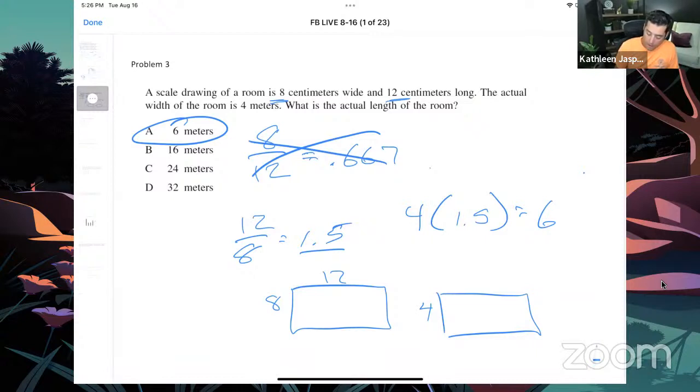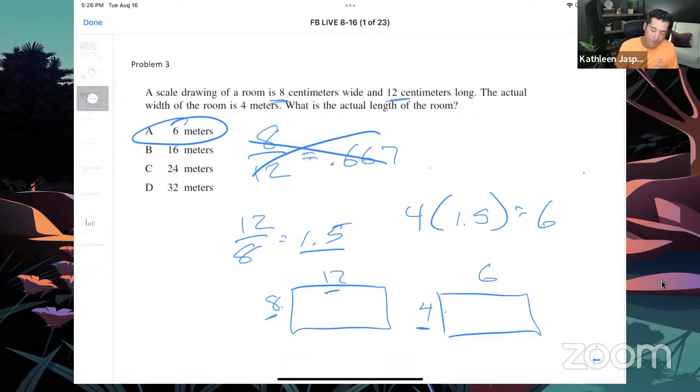So see, I've got the 8 here and the 4 here and the 12 here. This is why it's very difficult to do it with the ratio of 8 to 4 and 12, because they're different lengths. But by a scale factor, right? The scale factor is always 1.5. So I'm just going solely off of this. 8 times 1.5 is 12. 4 times 1.5 is 6.